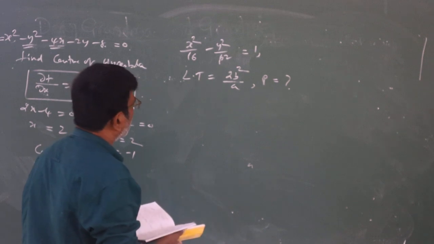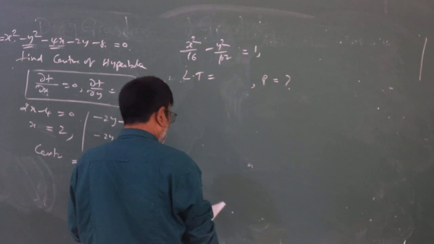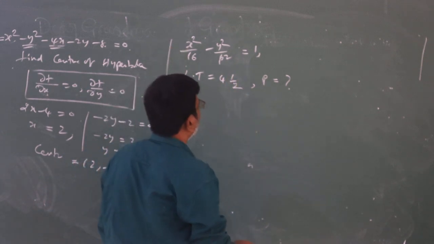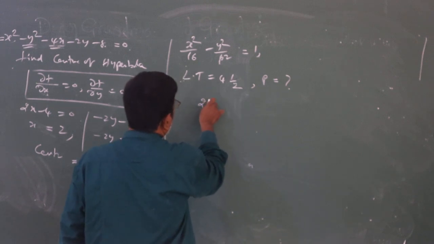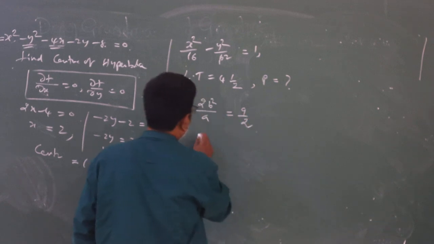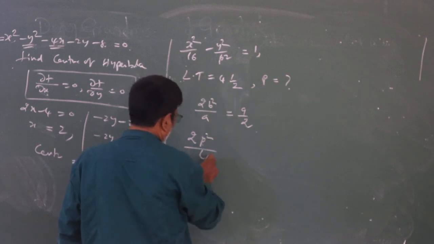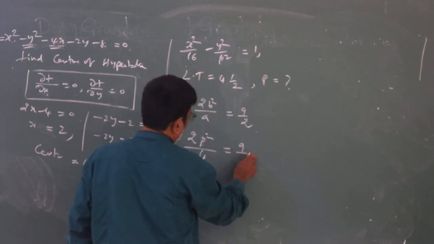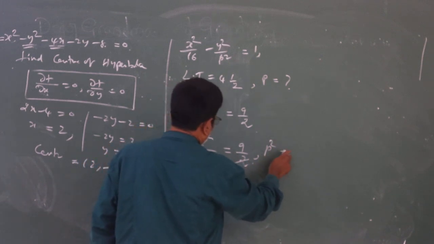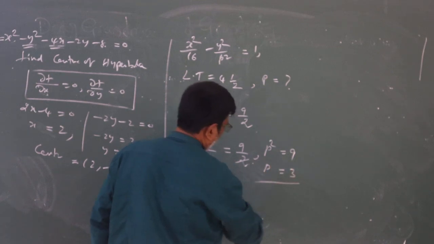The formula 2b square by a is 9 by 2. So 2 into p square by 4 is 9 by 2. The 2s cancel, p square equals 9, p equals 3.